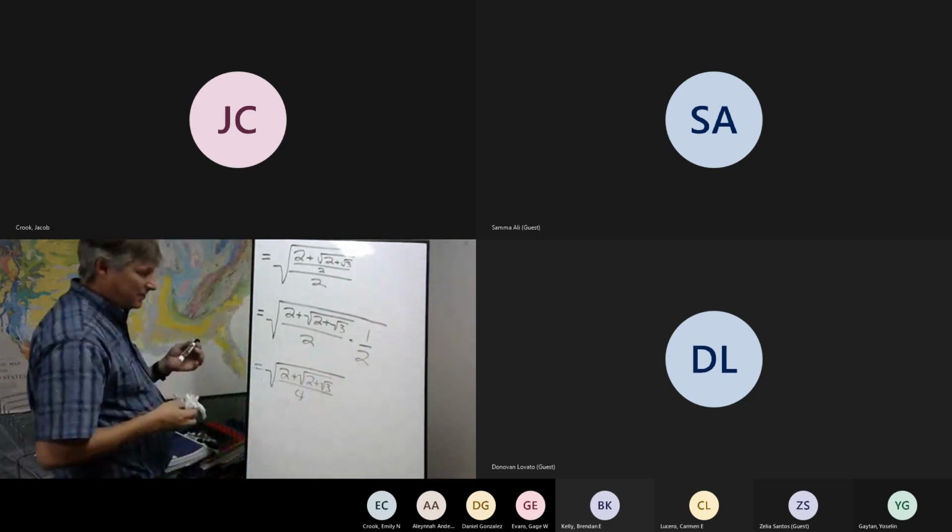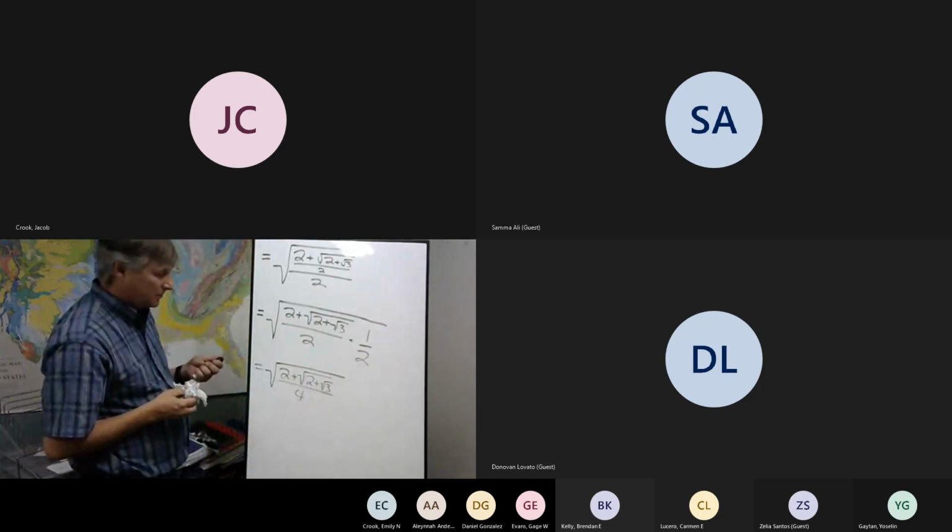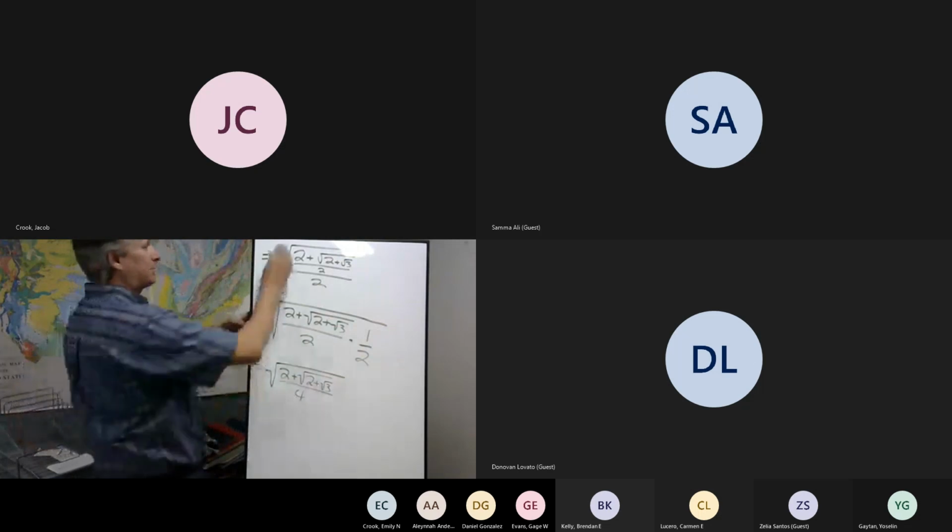Again, we have the square root of a quotient. So that will give us the quotient of the square roots.